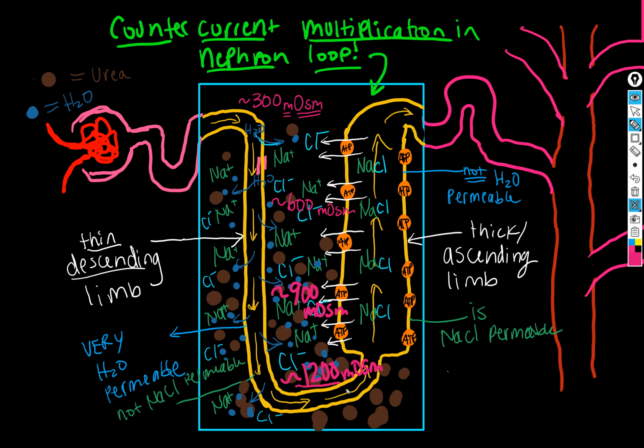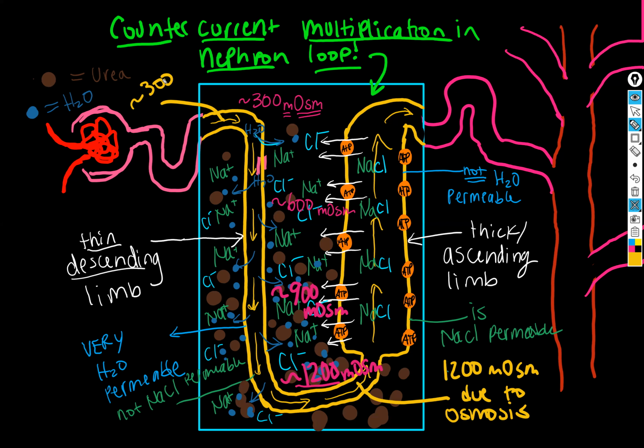Because due to this osmolarity gradient in the medulla, by the time filtrate gets to the bottom, it's also at about 1,200 milliosmoles. So that's crazy, crazy higher concentration than it was when it entered at only about 300.